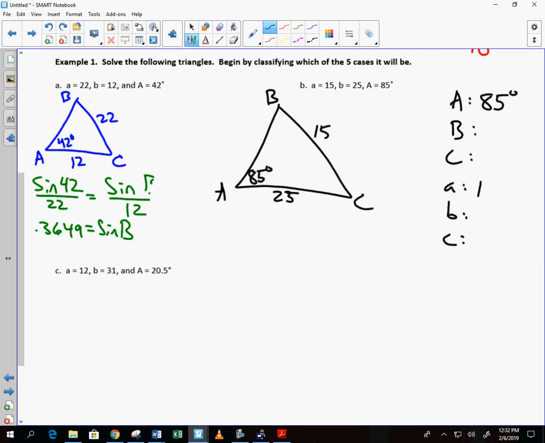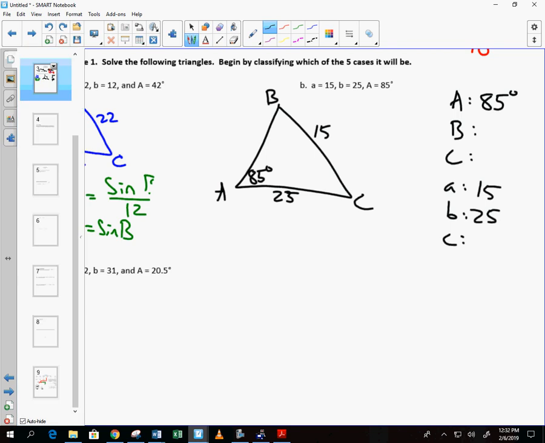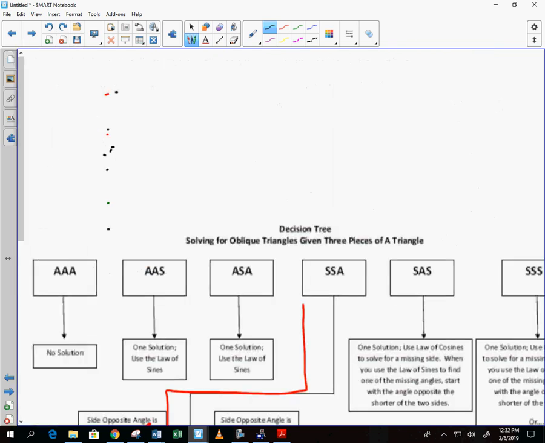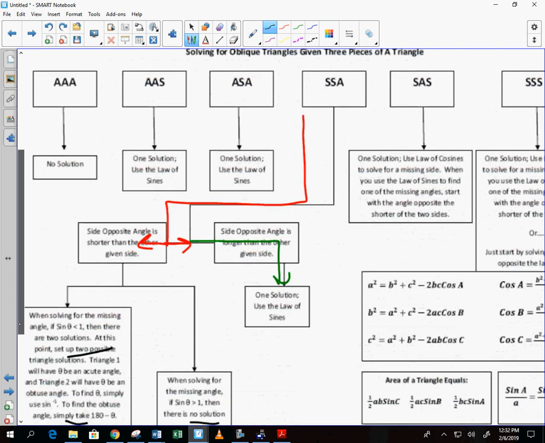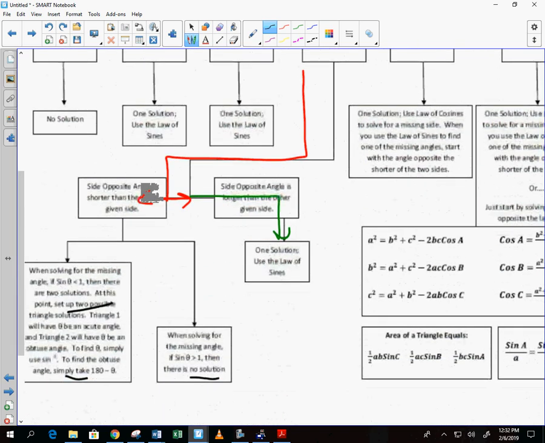Side A is 15. Side B is 25. Everybody agree it's side-side angle? It is side-side angle. So I go down to the decision tree. Decision tree tells me, is the side opposite the angle longer than the other given side or shorter than the other given side? It's shorter.